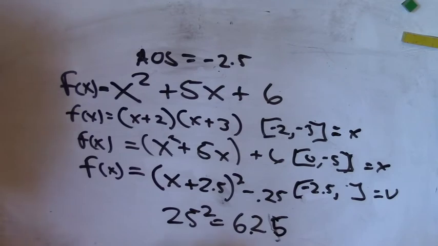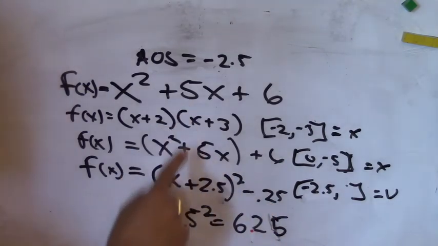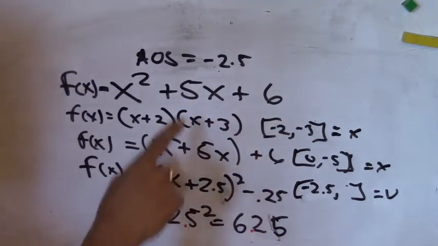This is what parents don't understand. Why are you teaching my little 7-year-old how to square numbers that end in 5? Because it's fun, and when we get older, it's quite helpful. If I don't take away that 6.25, I don't have the same number, and that's not my parent function.